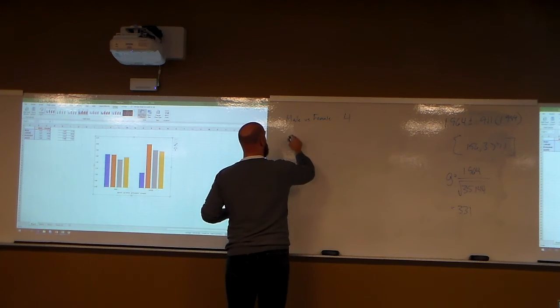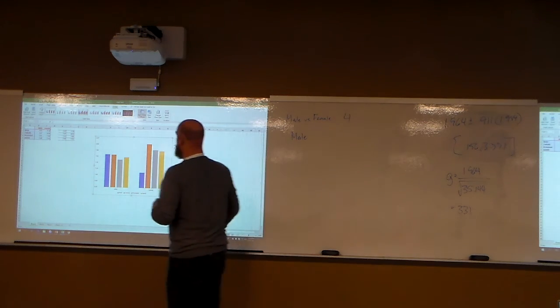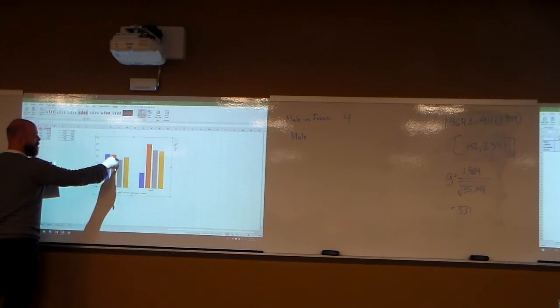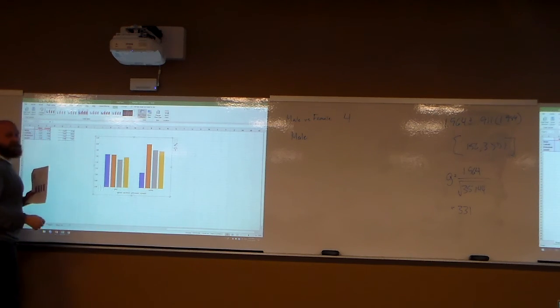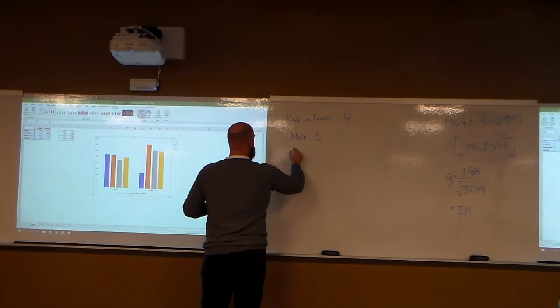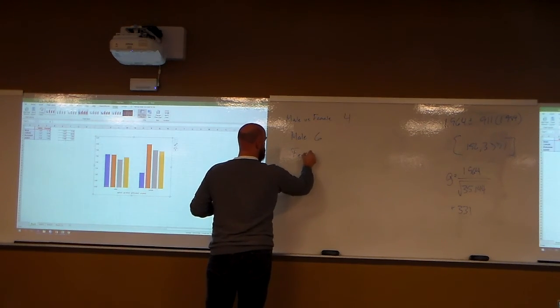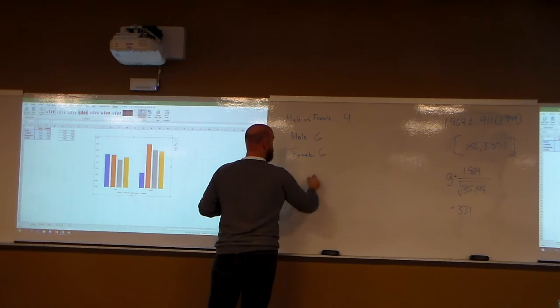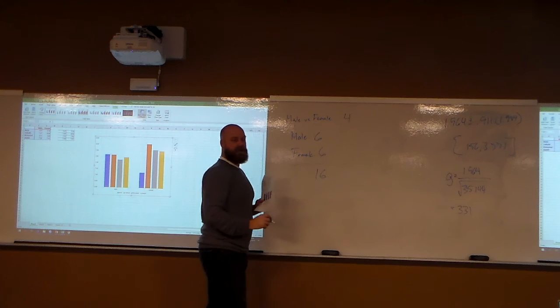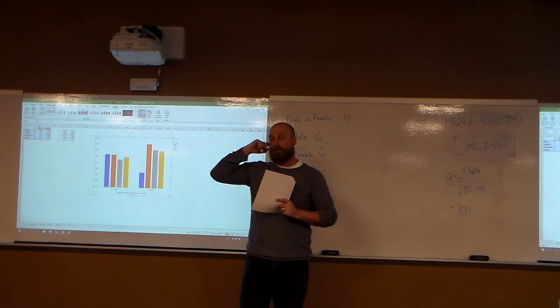Now within male, we got 1, 2, 3, 4, 5, 6. We got 6 within there. And so by definition, that gives a total of 16 possible pairwise comparisons.